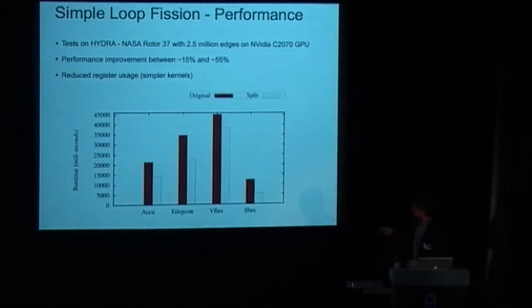To focus on 4 of the most complex loops of Hydra, you can see that this is the execution time in red before splitting. This is the execution time after splitting. You can see between 15 and 55% performance improvement. So that's the right way to go for CUDA.